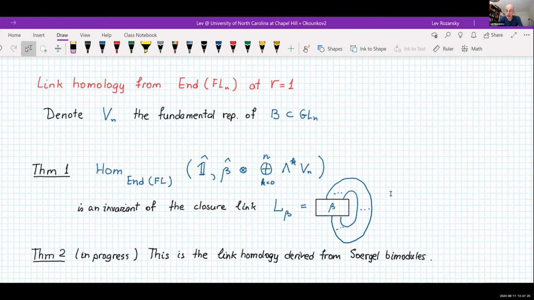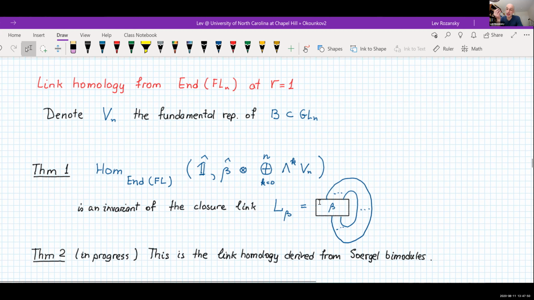So take that braid, close it in a cyclic, circular manner. That's the picture of how you close it. And the space Hom will not depend on the choice of representation of the link as a closure of a braid. There are many different representations, but they will all give you the same space Hom.